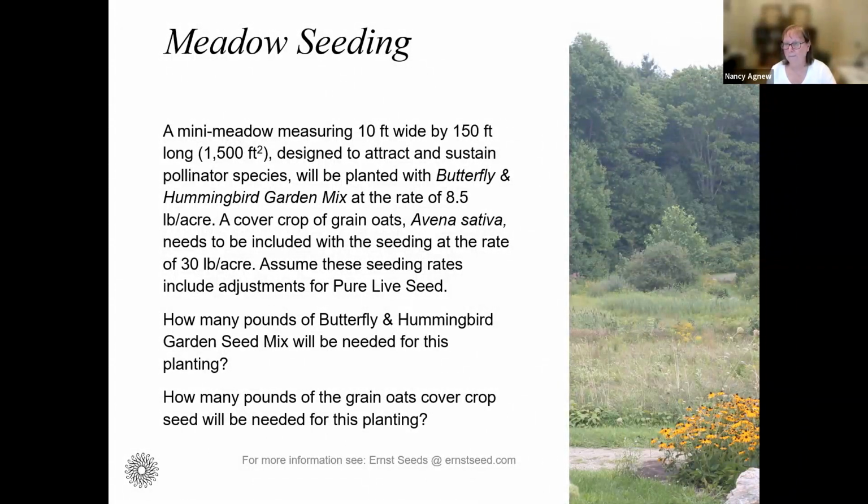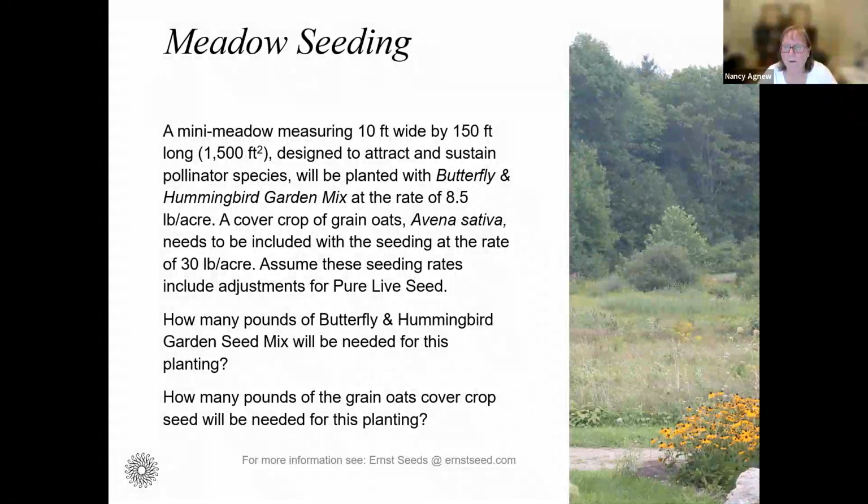So I set up the hypothetical situation of a mini meadow measuring 10 feet wide by 150 feet long. So I kind of have a suburban lot, but if you had an area where you could have more of a meadow strip, this would be what you would do.